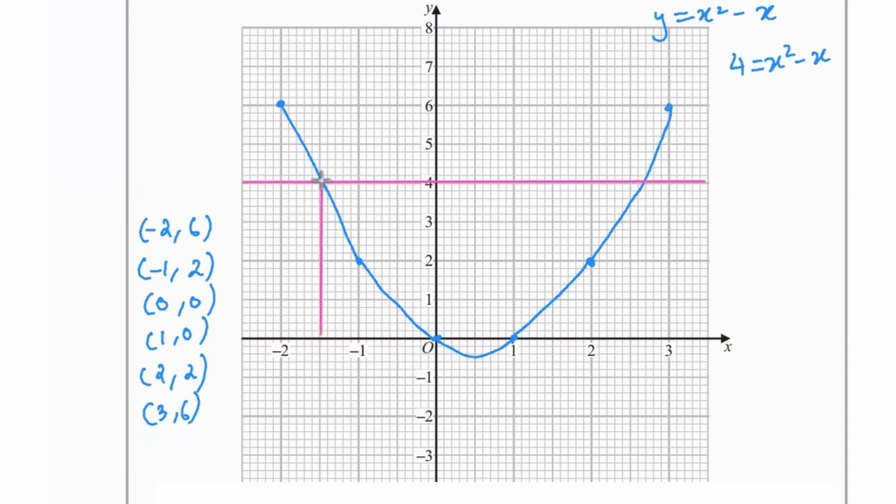So approximately, what I'm getting over here is negative 1.5 and 2.7 over here. These are my estimate solutions when the equation equals 4.